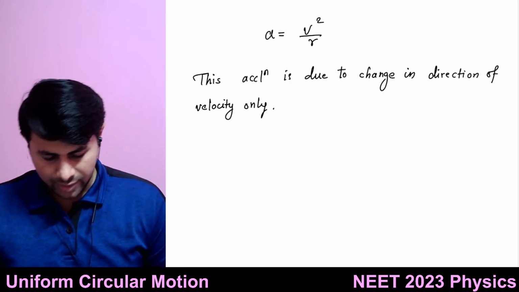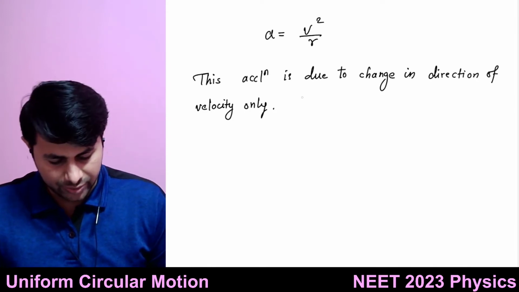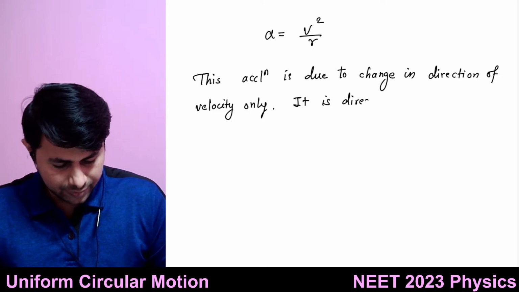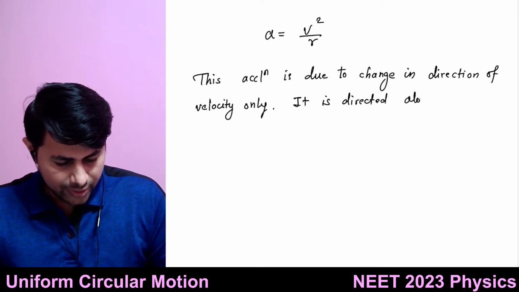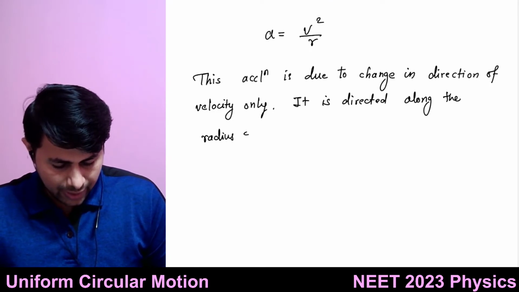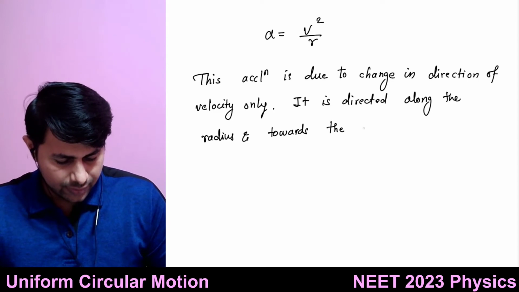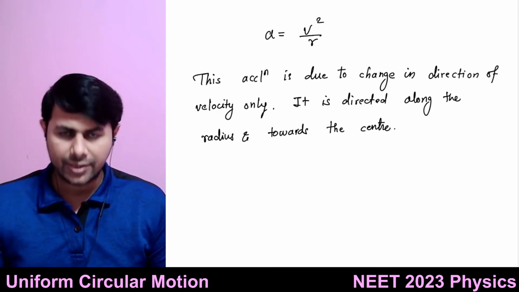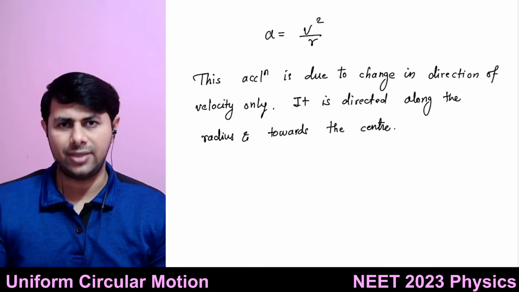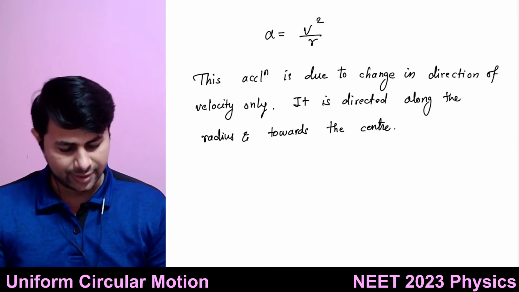So it is directed along the radius and towards the center, and that's why it is known as centripetal acceleration. Centripetal means what? Towards the center. Center seeking acceleration.